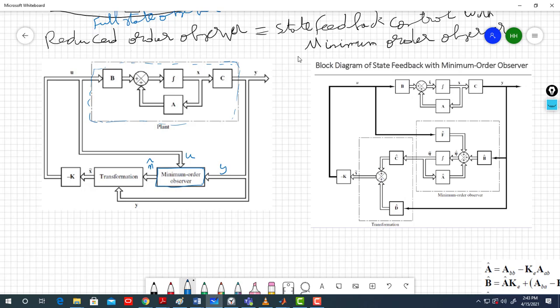And you have another block, which we call the transformation block. So you have the minimum order observer and the transformation block, and this transformation block has as input zeta tilde and Y. It has an output x tilde.